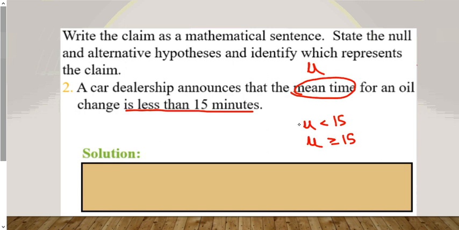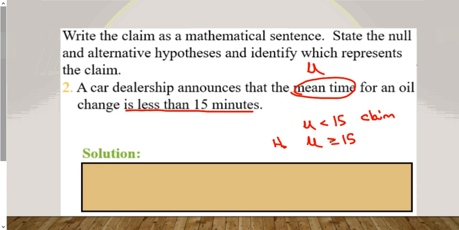So we can very easily identify what the claim is, right? It says that a car dealership announces the mean time for an oil change is less than 15 minutes. That must mean that this one is the claim. That's what they're stating. Then, especially as we get going on these, we're always going to let the one where it's equal to be the null hypothesis.